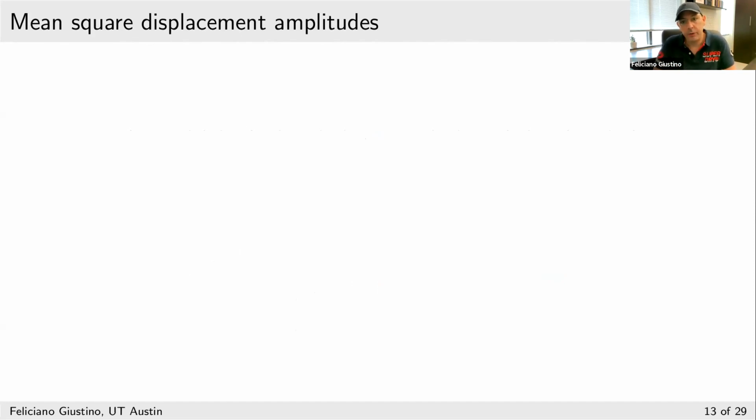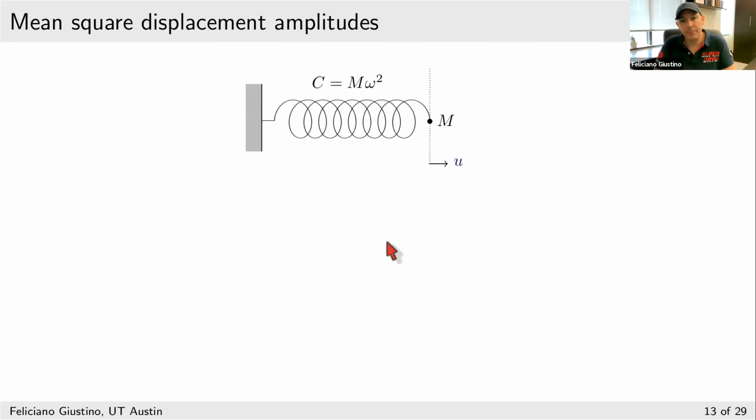And by performing a unitary transformation, we can always rewrite all the atomic displacements as a set of independent quantum harmonic oscillators. So in practice, one can map the system into a number of harmonic oscillators that are physically equivalent to a simple spring, where you have a mass attached to the spring, you have a spring constant, you have a displacement that indicates the position of the mass, okay?